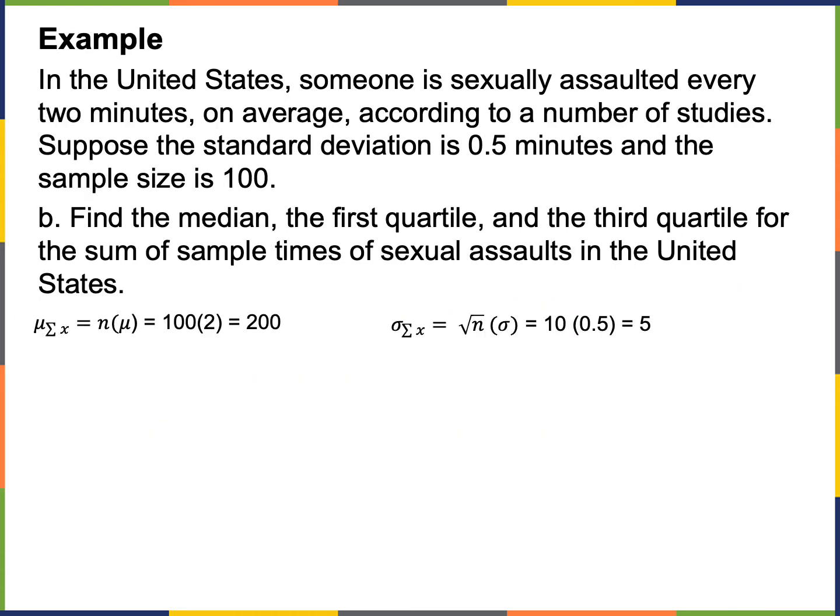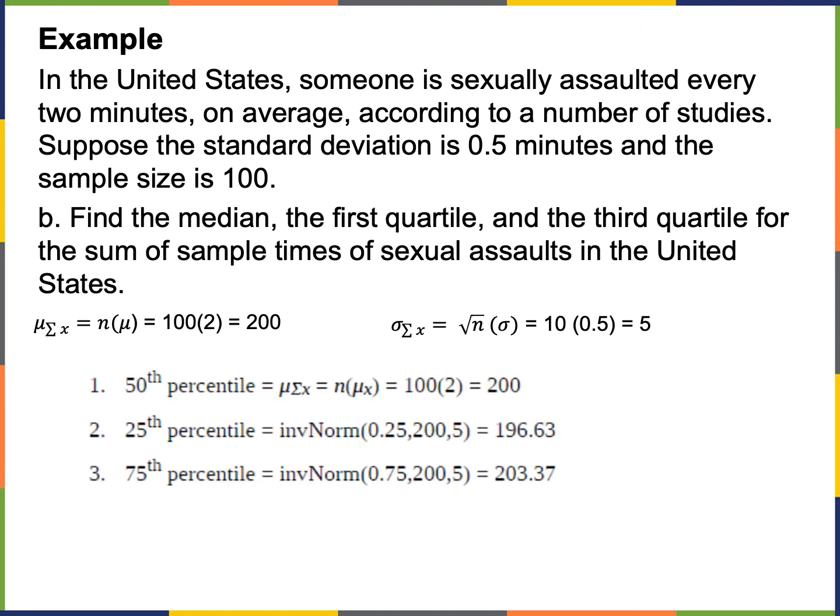What if we wanted to define the median, first quartile, and third quartile for the sum of sample times? So we would need the mean of the sums, which is n times the old mean, so 100 times 2, which is 200. The standard deviation of the sums is square root of n times the original, so square root of 100 is 10 times 0.5, and that's just 5.